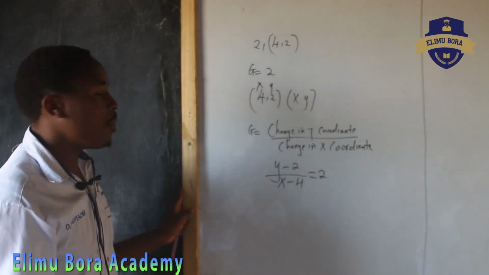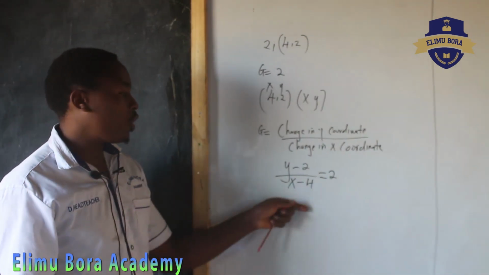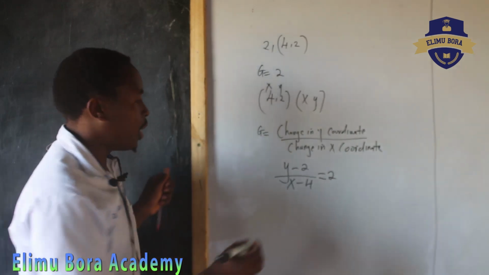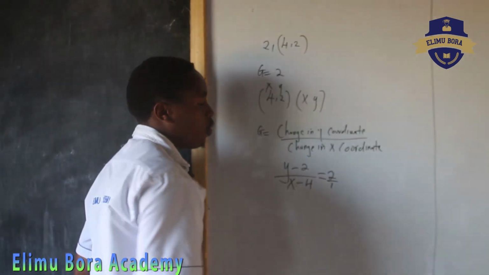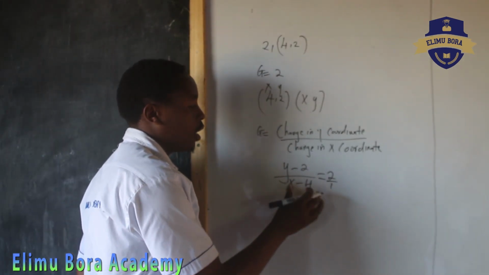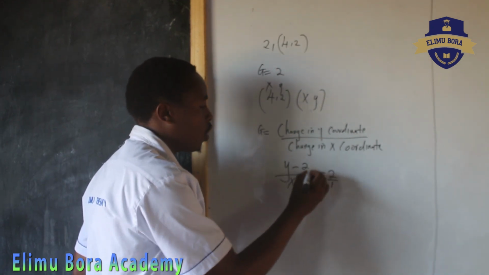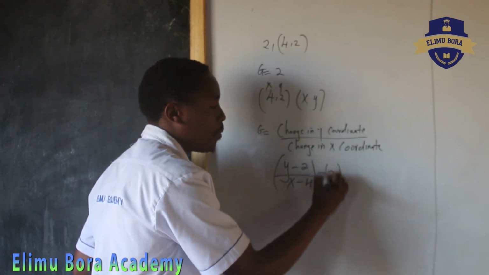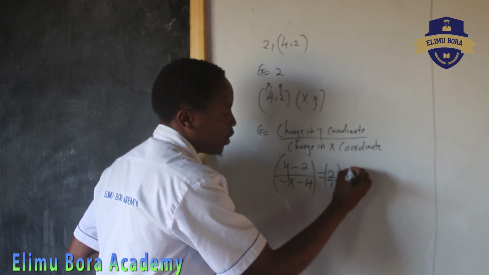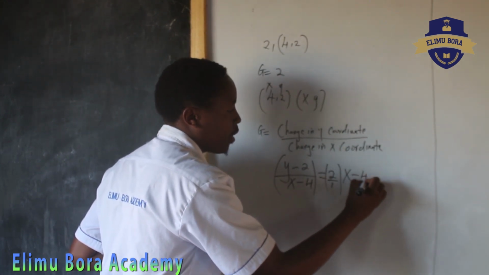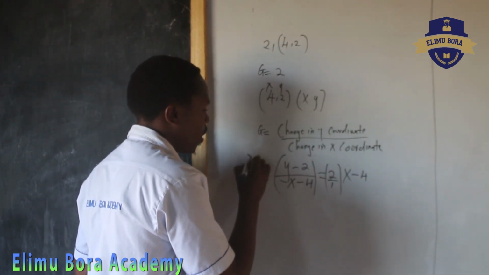Then from there we will be able to simplify, and we simplify using the denominator. When you put 2 over 1, still the same thing, when you are looking for the LCM of this one, it becomes x minus 4.